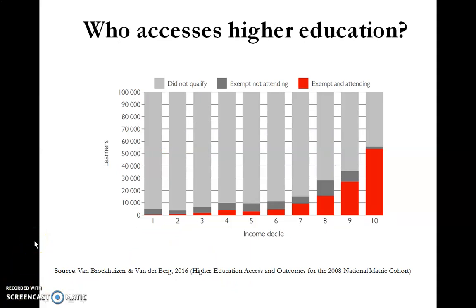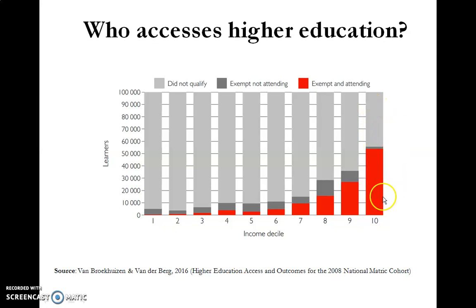So who is accessing higher education? What do they look like? So let's consider this from a socioeconomic status perspective. If we divide the population of learners by income decile, 1 being the poorest income decile, 10 being the richest income decile, it is very clear to see that access to higher education is skewed towards the richest.